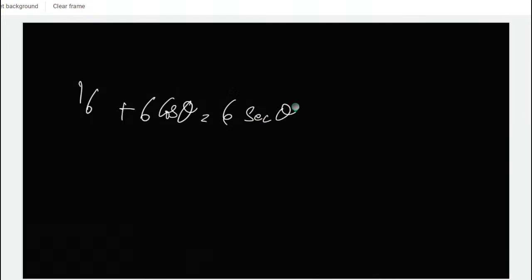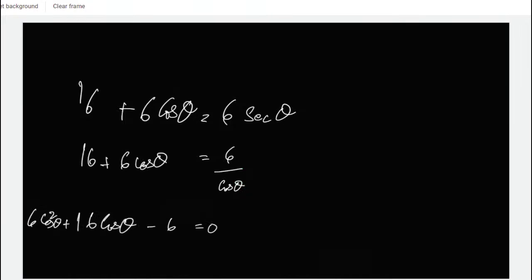Then sec theta is 1 by cos theta. And so you make cos theta 3 minus 3 is equal to 0, 8 minus 3. So I will get cos theta is minus 3 or 1 by 3.